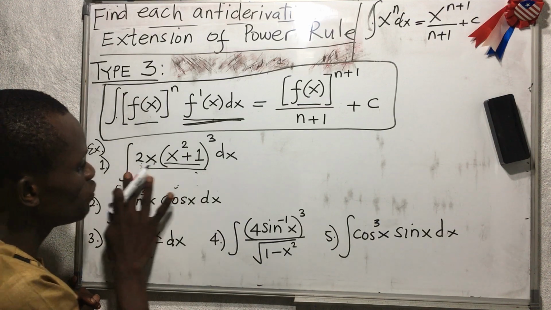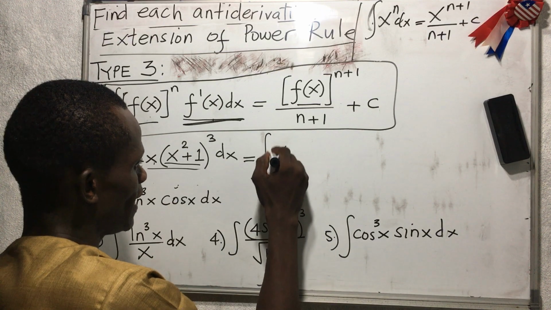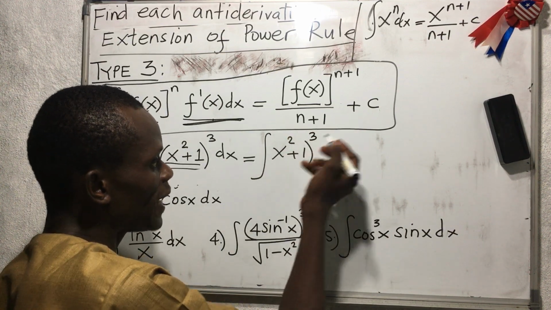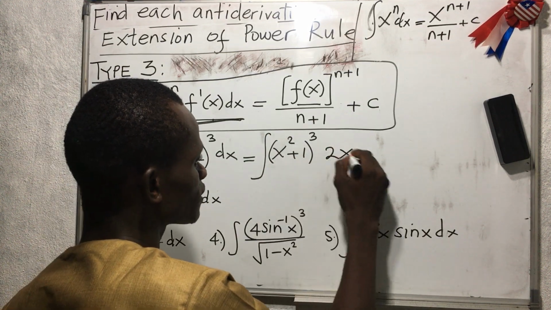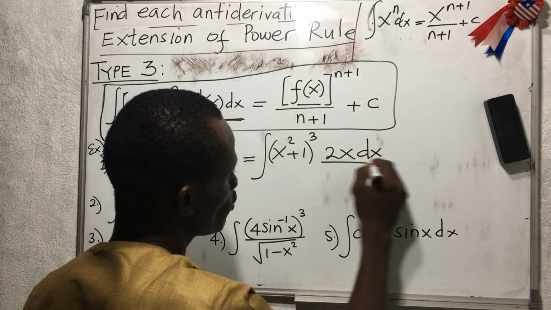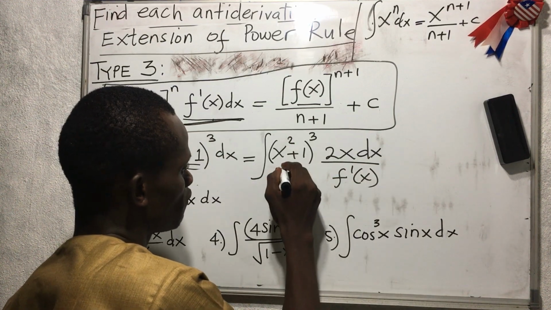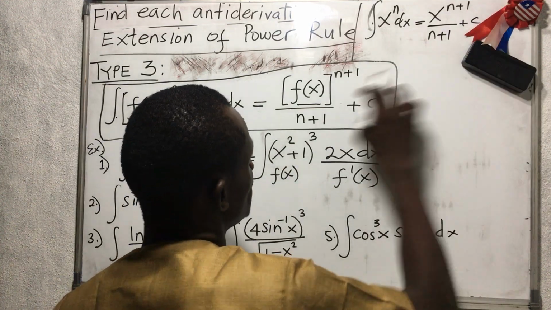So if we rewrite this, we can have it as x squared plus 1 raised to some n, where n here represents 3, times 2x dx. So 2x dx represents the derivative, and this represents the function. So your answer should just be f of x.